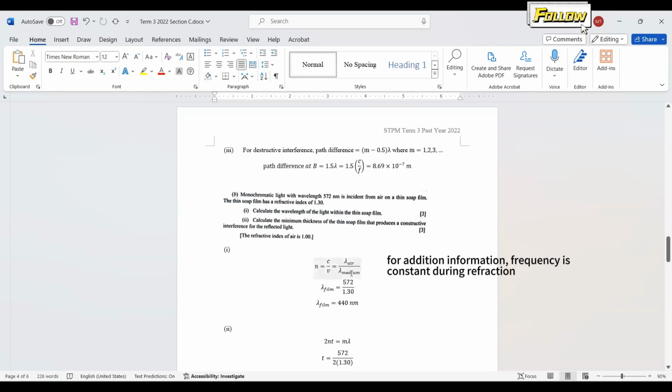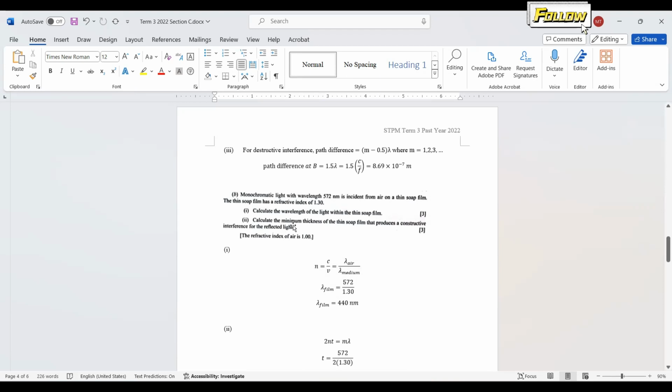To conclude, the refractive index is the ratio of the wavelength in air to the wavelength in the medium, which is the thin salt film in this case. Just apply this formula: the wavelength in the film equals the wavelength in air divided by the refractive index, and you should obtain the answer of 440 nanometer. If you get the concept, easy 3 marks for you.